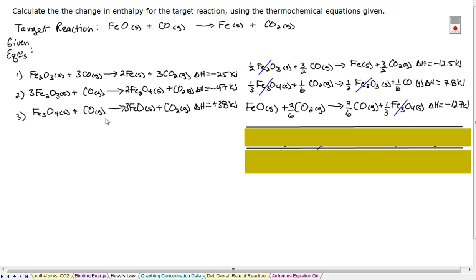So if I look at equation number 3, I've got 3 iron(II) oxide on the right hand side. I need to get that back on the left. Now I've got a 3 in front there, so what I did was I divided everything by 3. Once I divide everything by 3, I get 1/3 CO2, 1/3 CO, and 1/3 Fe3O4.